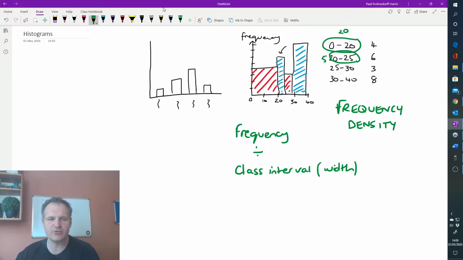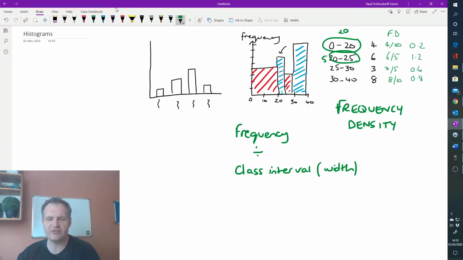Each of these numbers would have a class interval, and I'm going to change to a thinner pencil so we can see this. So what we've got here, the frequency density is 4 divided by 20, 6 divided by 5, 3 divided by 5, and 8 divided by 10, giving us 0.2, 1.2, 0.6, and 0.8.